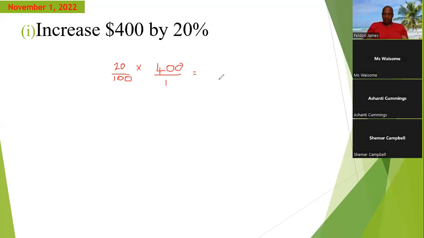Yes. $80, sir. All right. $80. Would that be the answer? No, sir. What is the answer? So you're going to add the $80 to the $400.